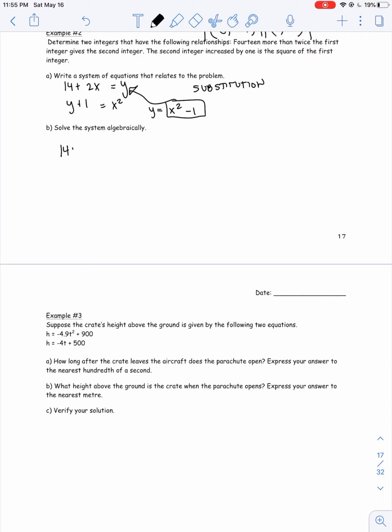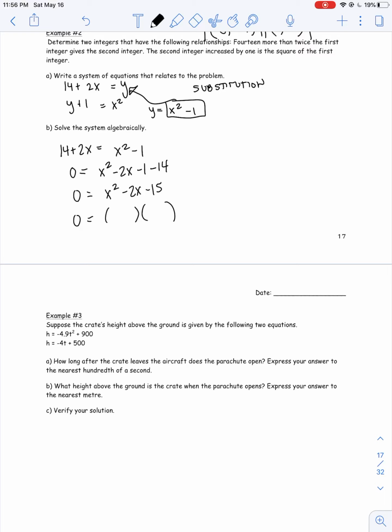So 14 plus 2x equals, instead of y, x squared minus 1. So we're going to bring everything to one side. We're going to have 0 on the left side, and x squared minus 2x because we brought it over, then minus 1 minus 14. So that gives us x squared minus 2x minus 15. So there's our equation that we can actually factor to solve.